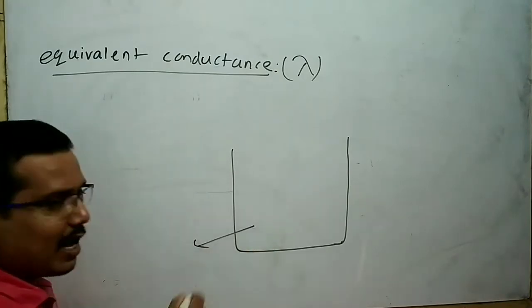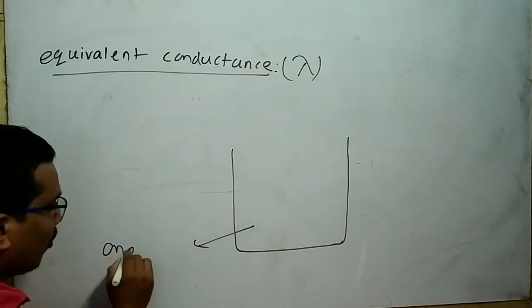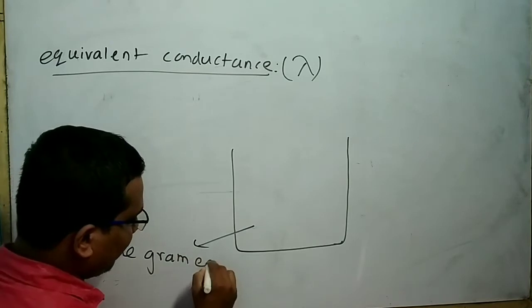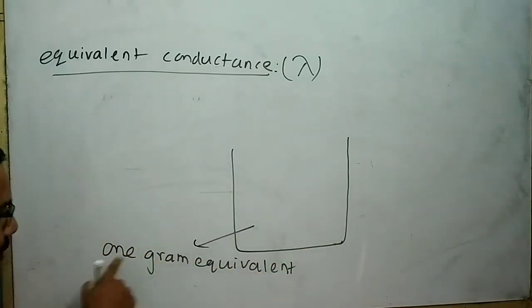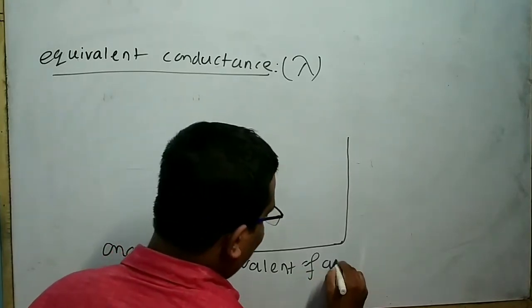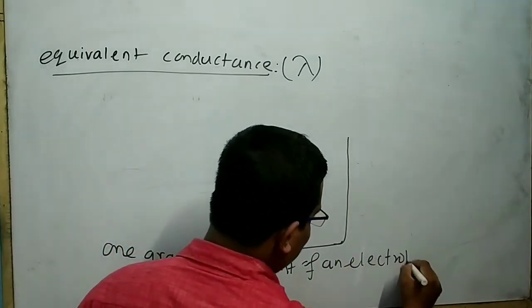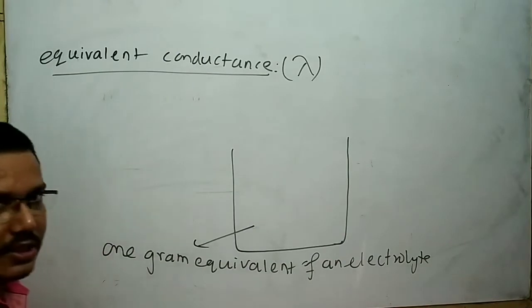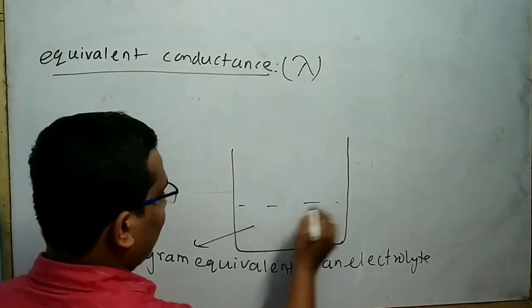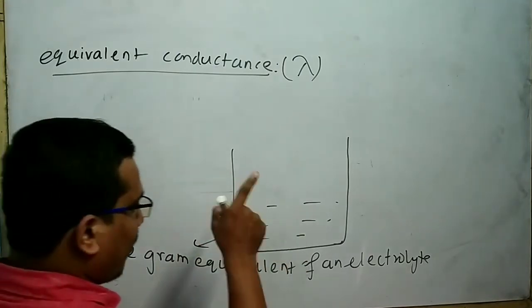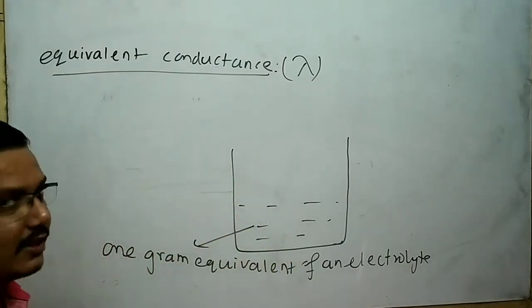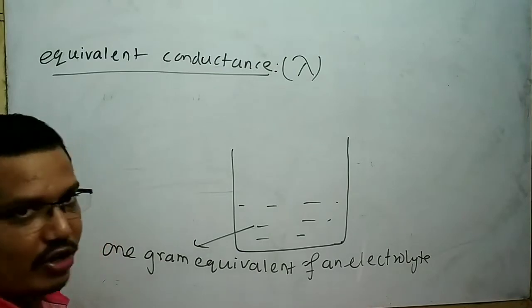The amount of the electrolyte is 1 gram equivalent. Suppose I take 1 gram equivalent of an electrolyte, and the ions are produced in this electrolyte, and the conducting power of these ions is called equivalent conductance.